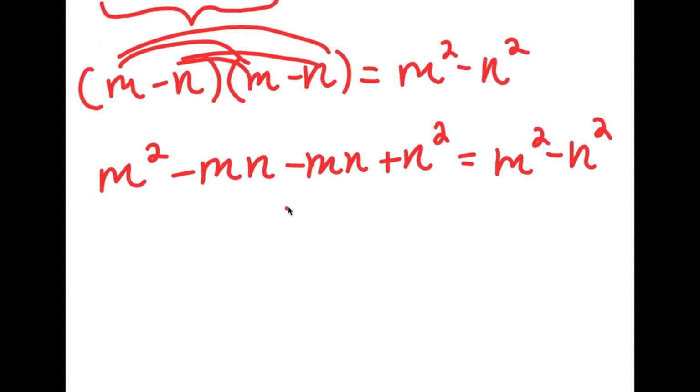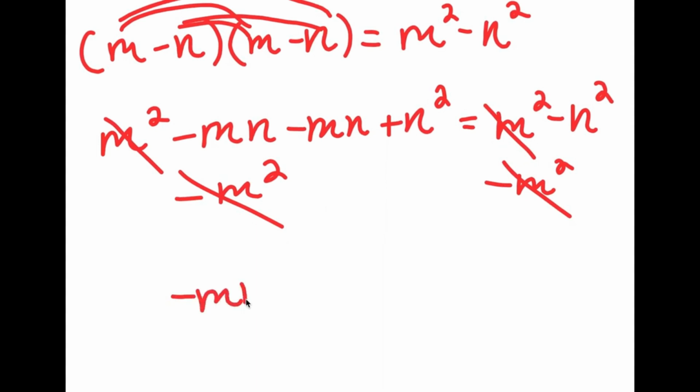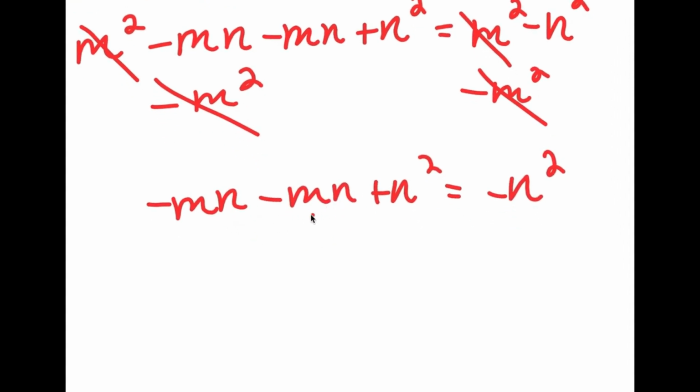Now, I can do a few things here. I can first start by subtracting m² on both sides, so these two m² cancel out. And now I'll be left with negative mn minus mn plus n² is equal to negative n². Now negative mn minus mn is equal to negative 2mn.